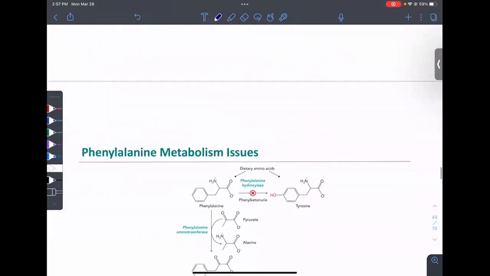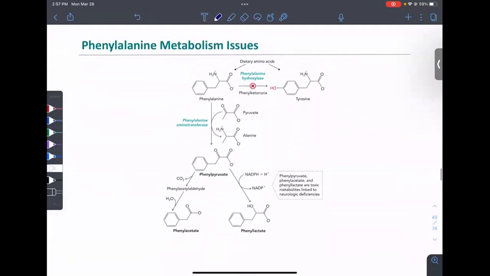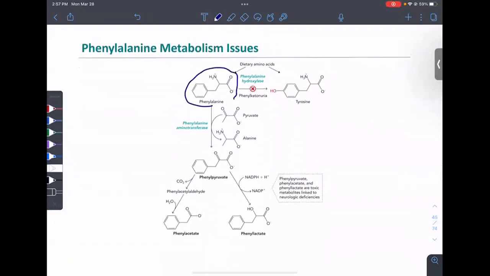So if you look, this is what happens. We have phenylalanine, and if we can't convert it to tyrosine, this reaction does not happen. We don't make tyrosine. We could eat it, it's dietary, so that's not a big deal. But what happens is that phenylalanine gets converted into all of these other metabolites. You don't have to memorize them, but these are really dangerous and can result in severe mental retardation, stunted growth, dental problems.